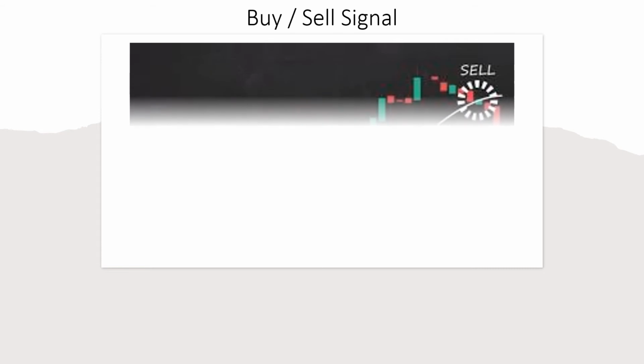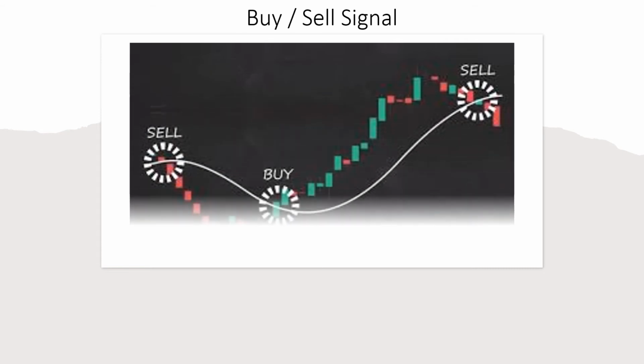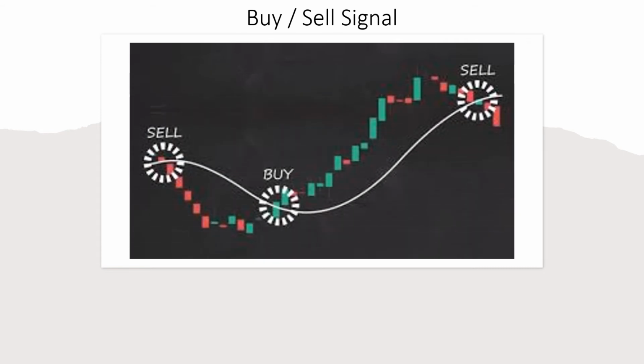Now, we come to one of the most important questions: how to interpret the moving average for investment decision? The basic principle is simple. In this figure, there are two time series, share prices and moving average. The share prices are represented by Japanese candlesticks, while the moving average line is in white.